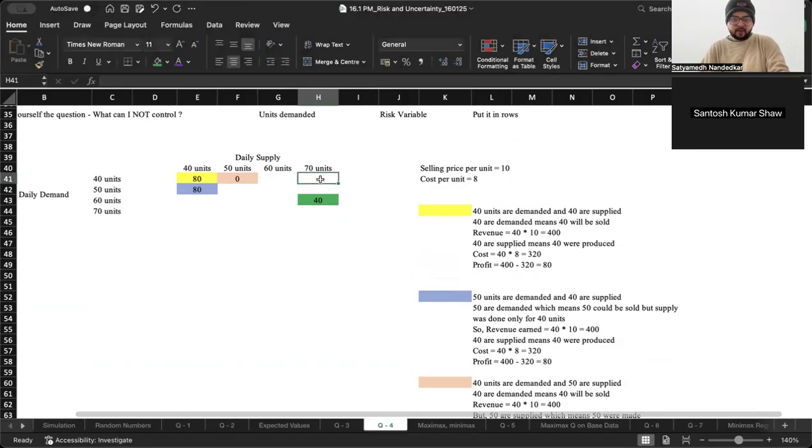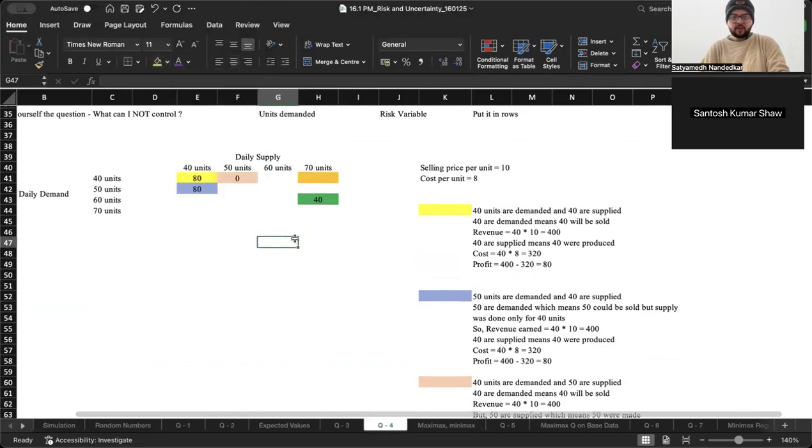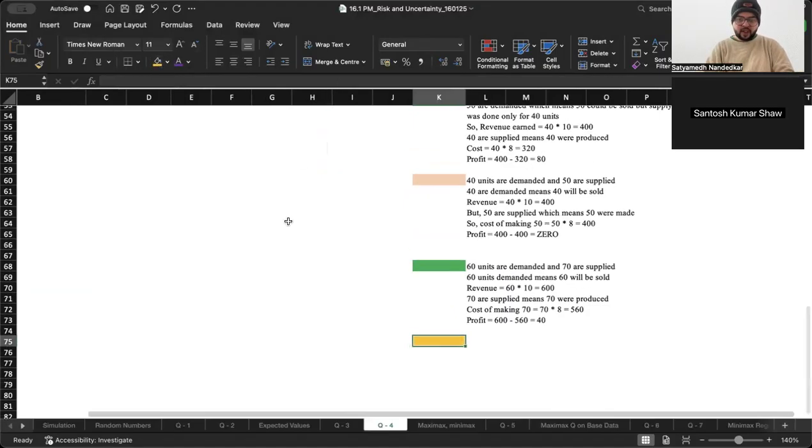Let's take another value. Let's let this be denoted by, चलो orange करते हैं इसको. What is this situation? Orange क्या है?